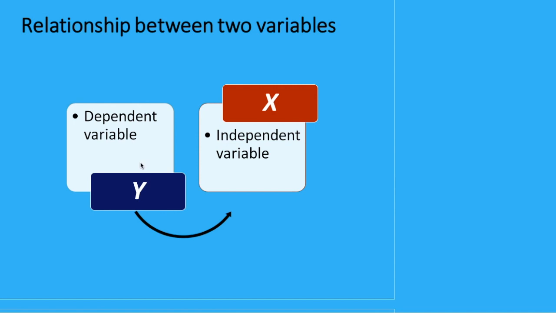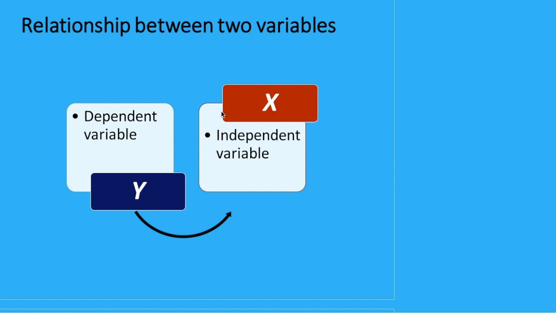The dependent variable depends on the independent variable. So the dependent variable represents the output or outcome by altering x, the input, or the independent variable. So the easiest way to remember is that the dependent variable always depends on the independent variable.